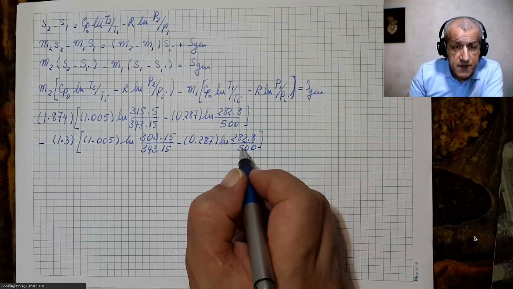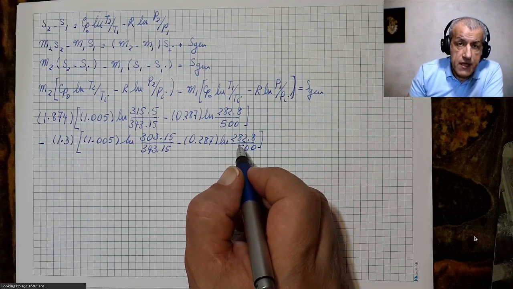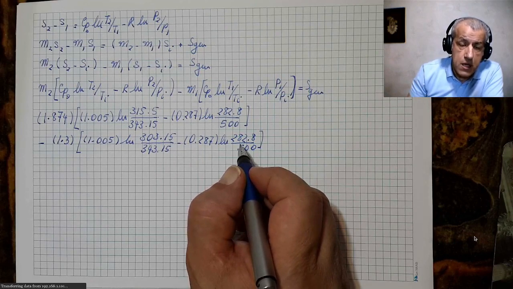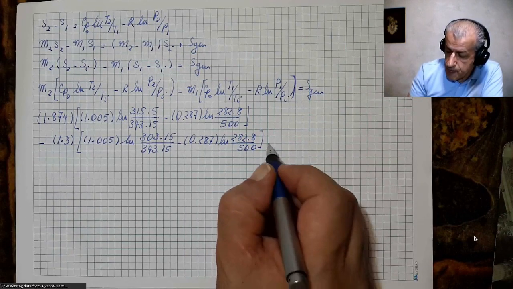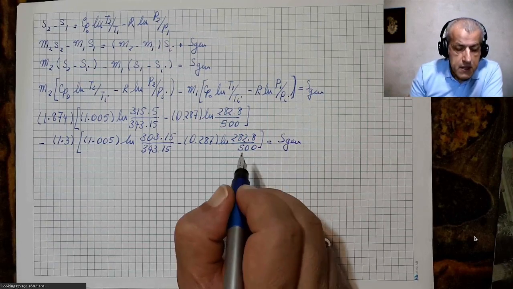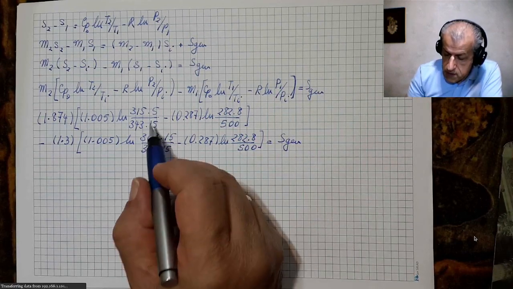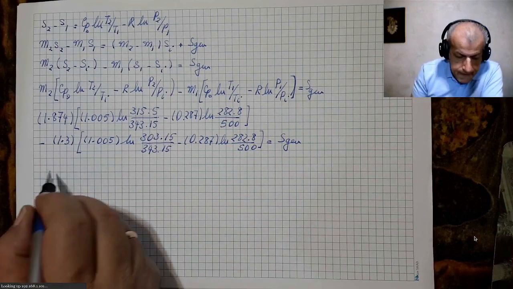The pressure difference doesn't change since there is no change in the pressure of the incoming air, and there is no change in the pressure inside the cylinder. So the pressure difference remains the same and has the same contribution. I would calculate these terms independently, and there's a point to it.